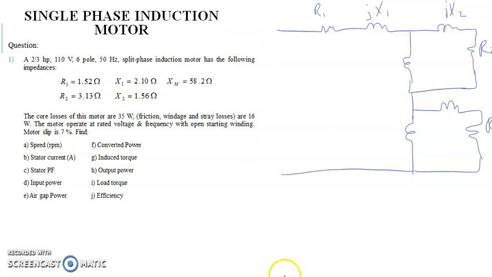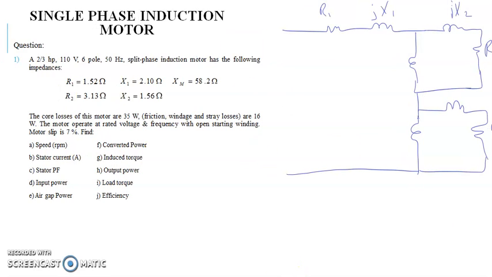So write down and list down all the related parameters. We have R1, JX1, JX2 here, and the magnetizing circuit.